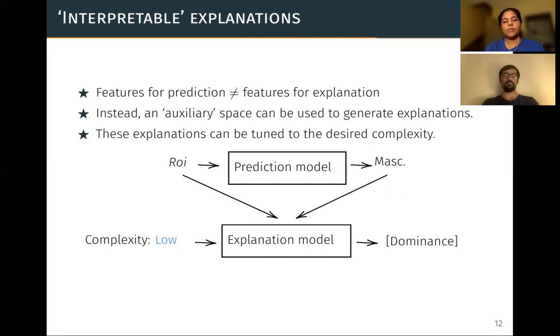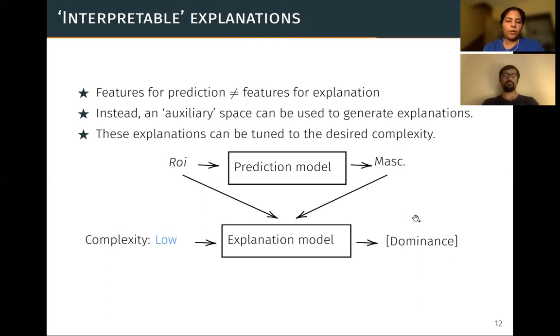So here we see the word roi, and we pass it through the prediction model to generate a prediction, which in this case is masculine, which is also a correct prediction. We then give this word and its prediction to the explanation model, and we set the complexity as low in this case. The output that we get is dominance, which is the explanation for this gender assignment, which makes sense here because roi, which means king, can be related to dominance, which can have masculine connotations.